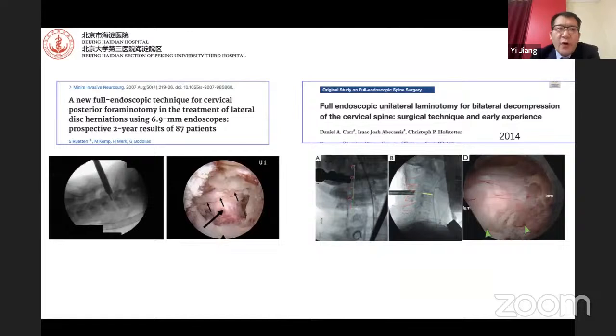However, the posterior cervical procedure is a good choice. Since 2007, doctors have routinely reviewed this procedure. I love this procedure. It can deal not only with herniation, but also with stenosis.